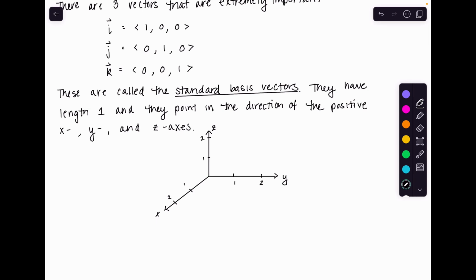And then if you were to draw these backwards like this, that would be considered the negative side of that axis. So to draw on top of this, our i points in the direction of the positive x-axis, and it has length 1. So this is i. j points in the y direction, and then k points in the z direction.